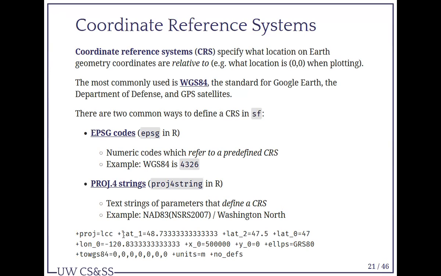Things like latitude 1 is going to be described as 48.73. Latitude 2 is going to be 47.5. This is going to give us the type of ellipsoid that our map is going to be based on, and a relative distance from WGS84. Note that this one's already coming into us as WGS84, so all of these are 0. And the units in meters, that kind of thing.